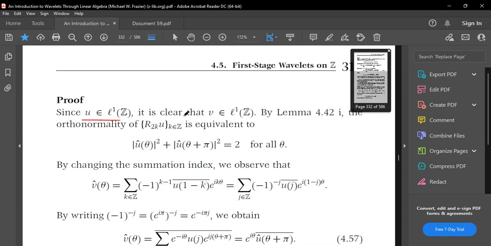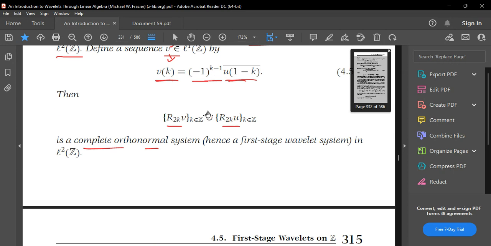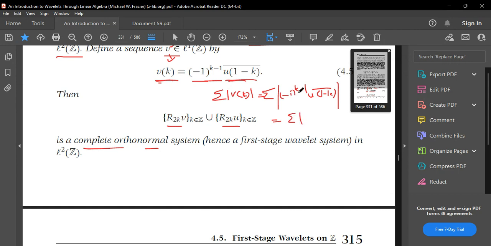So U belongs to L1 of Z, then this V belongs to L1 of Z, because summation mode V of k will be equal to summation, if we take mode of minus 1 raised to k minus 1 U of 1 minus k conjugate, where k belongs to Z.